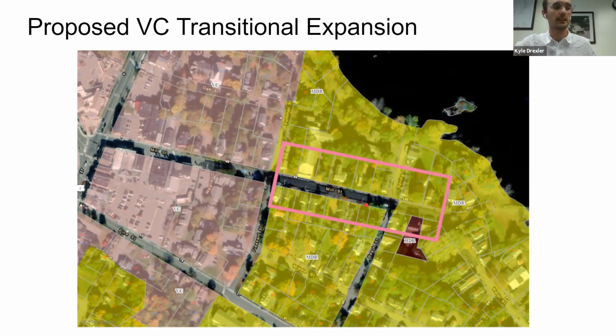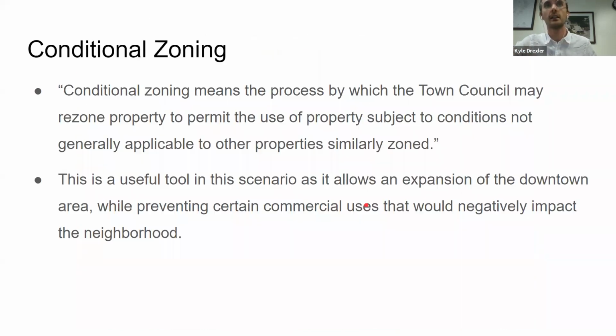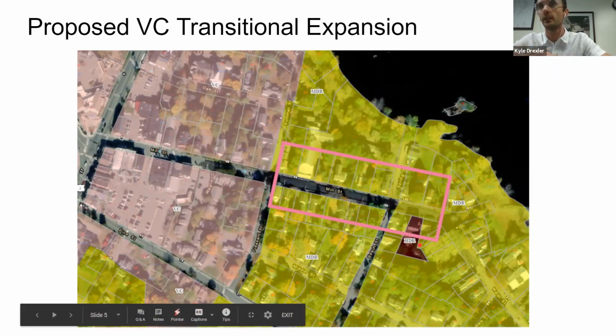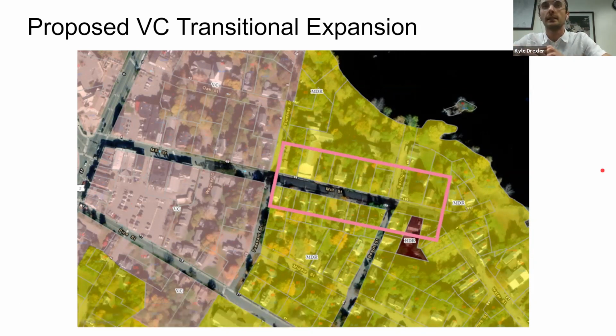And the way that the ordinance would do this is through conditional zoning. So this section here wouldn't be the same as the village commercial here. It would be kind of a hybrid area between the village commercial and the MDR. So it would allow some of the things that are allowed in the village commercial that aren't allowed in the MDR.